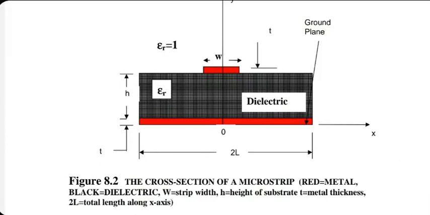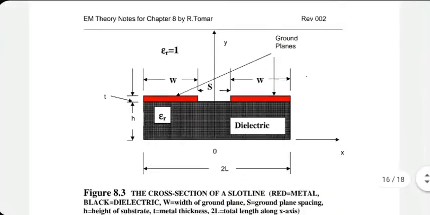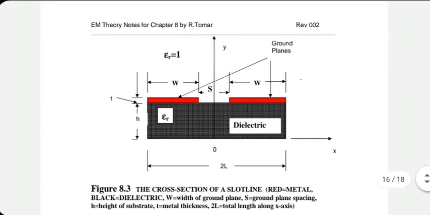Besides that, the third one, which is also quite popular nowadays, is called a slot line. Here you have got two ground planes on the top and no ground plane at the bottom.